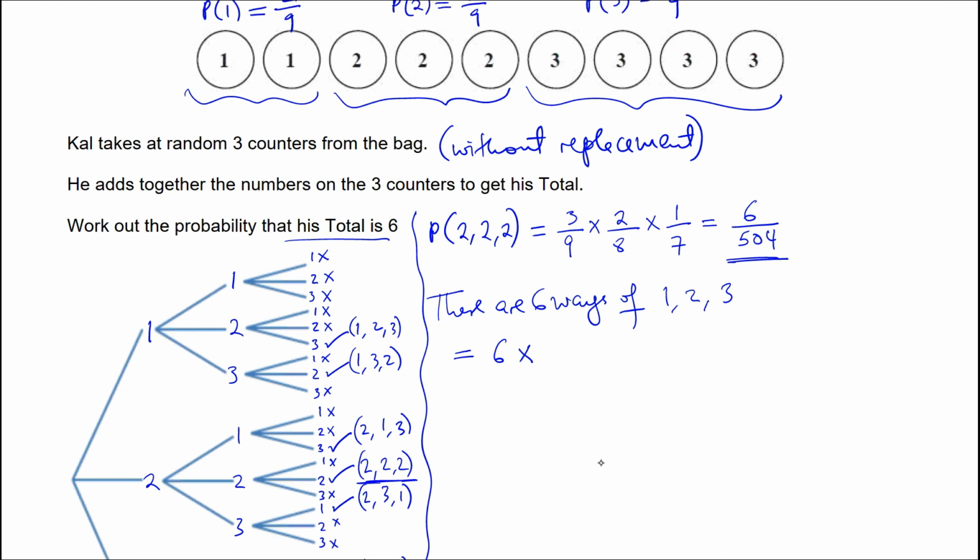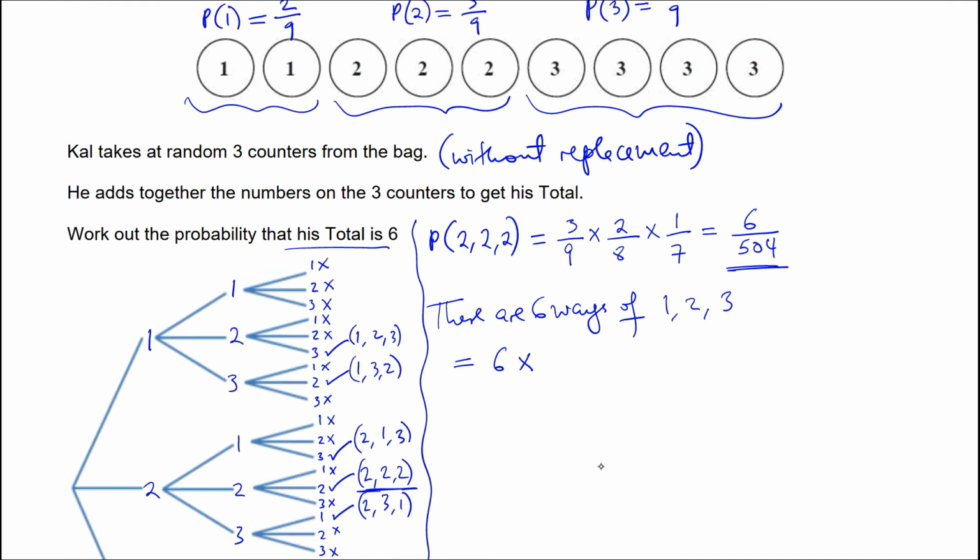the probability of the first counter being 1, which will be 2 over 9. And then the probability of the second event being a different number, let's say 2, will be 3 over 8, because the total number of counters is 8 since the first one was 1.